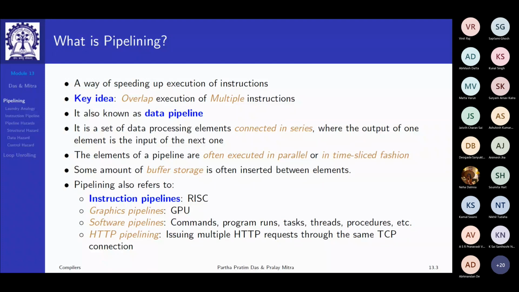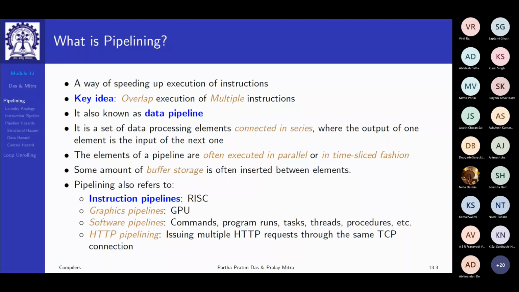And when we talk about pipelining, it does refer to a variety of pipelining concepts, where we will primarily be focused on instruction pipelining, which is a basic feature of most of the RISC processors today.